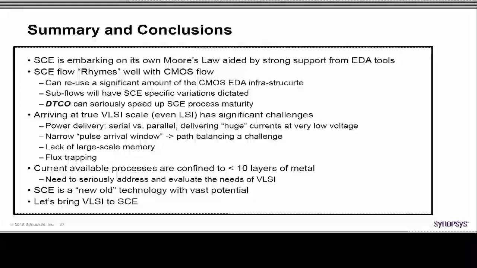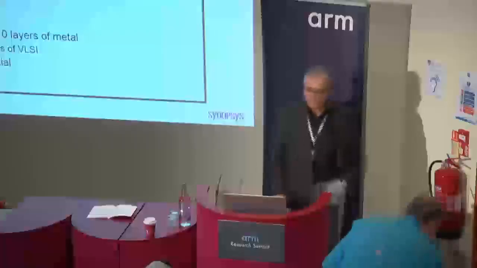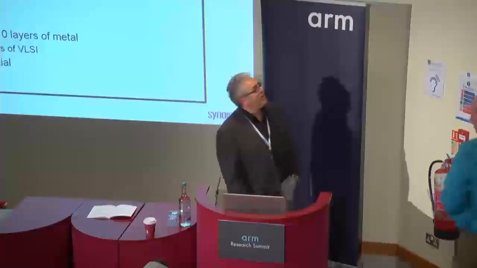If we start with LSI, that's by itself a big achievement. There are some problems that are unique to superconducting, including power delivery and something called flux trapping. Superconducting electronics is a new old technology with vast potential. Let's make VLSI for superconducting electronics happen. I apologize for taking too much time, and thank you.